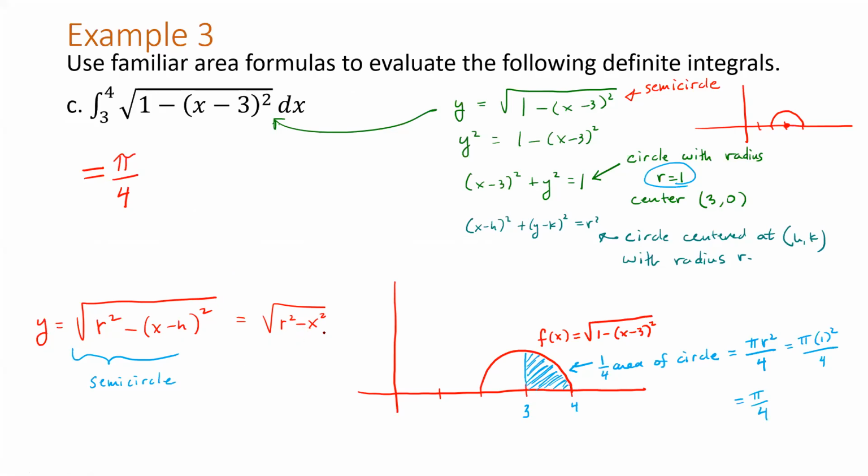So this would be, if h is 0, one that's centered at 0, 0, right? But if it were r squared plus x squared, that would not be a semicircle. Or if it were x squared minus r squared, that would not be a semicircle. Those would be other shapes, maybe hyperbolas or things like that. Oh, okay.